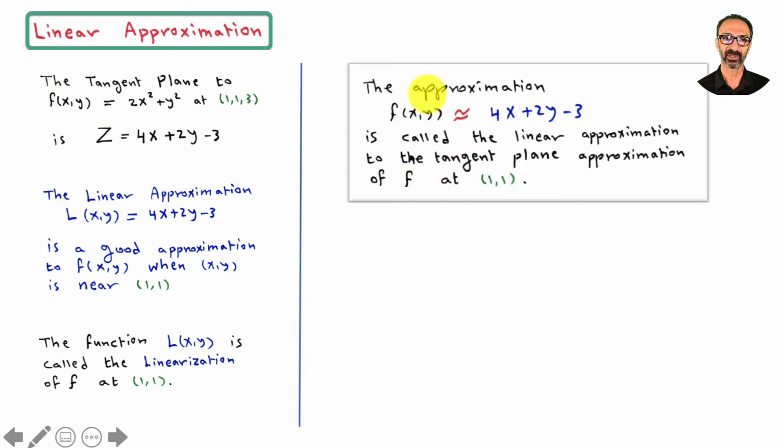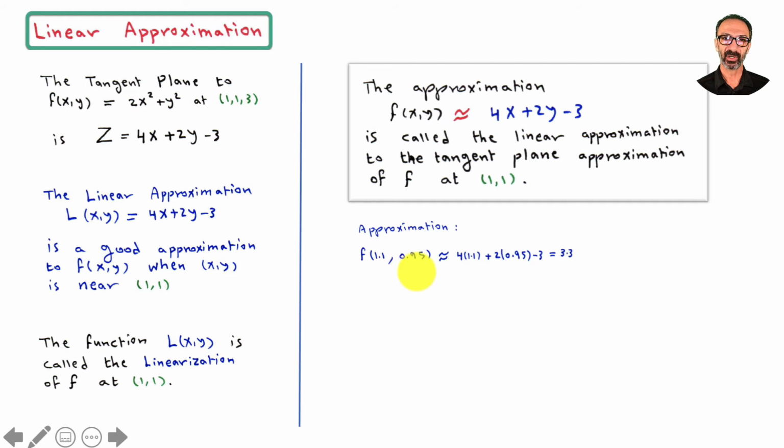So instead of using the original 2x squared plus y squared, we could use this as an approximation near 1, 1. So here's a point, 1.1, 0.95. That is near 1, 1.